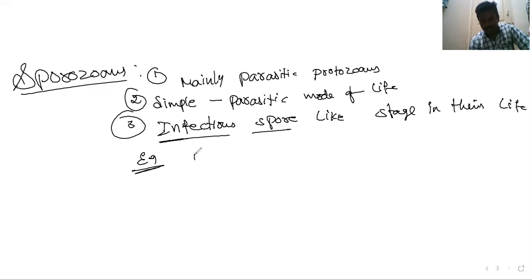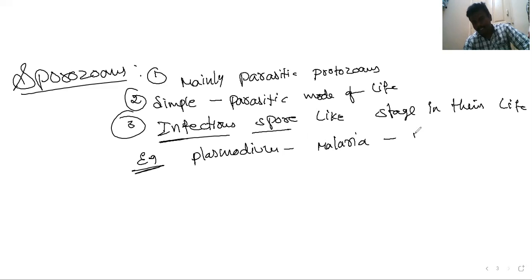Example: Plasmodium, which causes malaria disease in humans. That is the explanation about sporozoans.